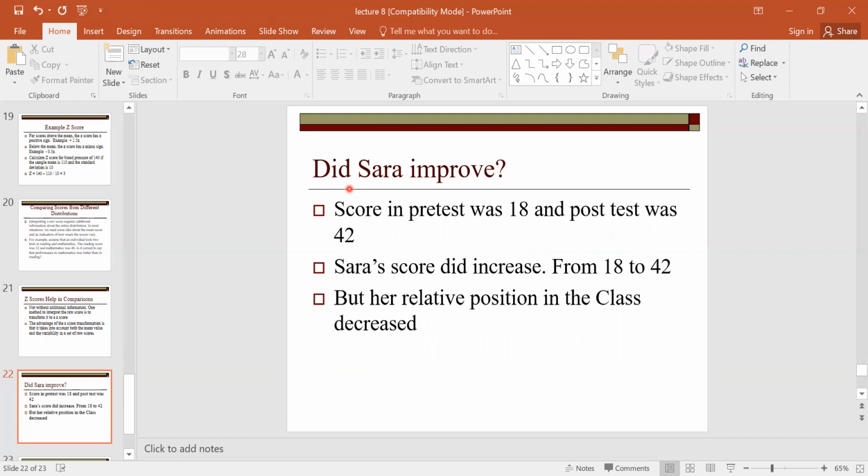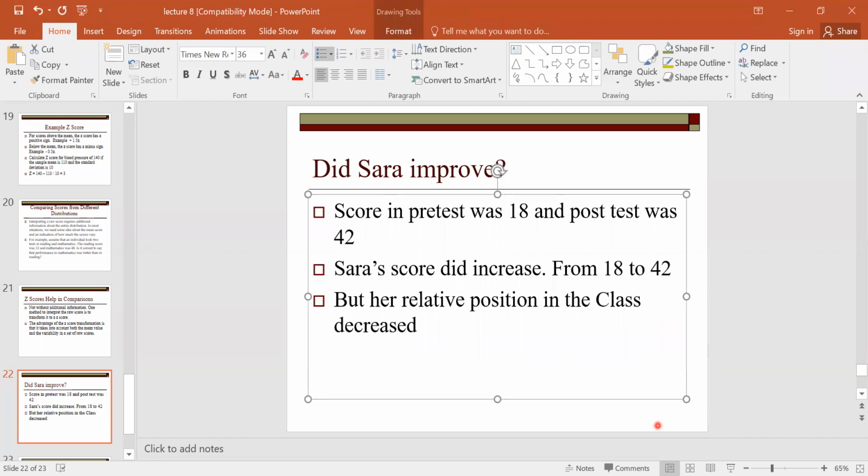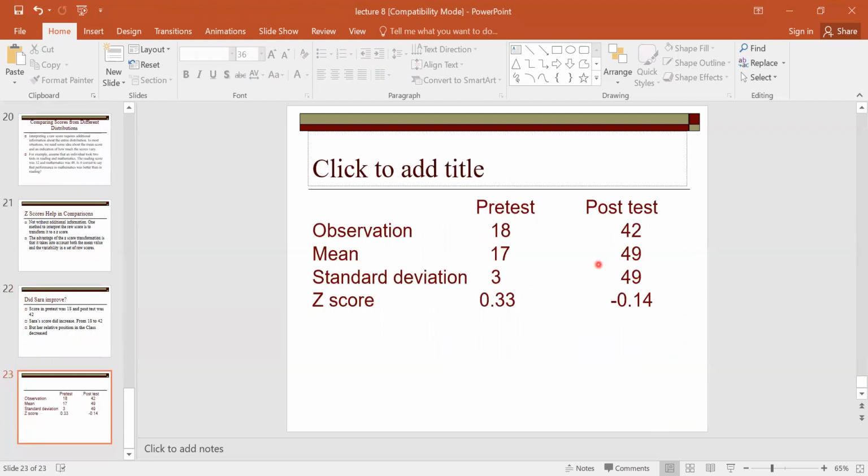To answer this, we have these scores, pre-test and post-test. And Sarah's score did increase from 18 to 42. But her relative position in the class decreased. How? Let us see here. This is the observation, 18 and post-test 42.